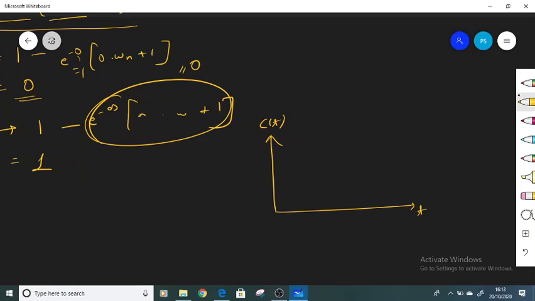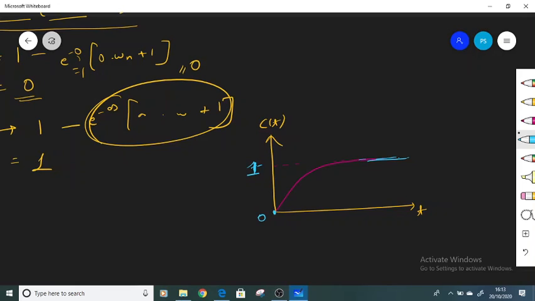If you want to see the behavior, you can take a few values of time and substitute them, and then you'll find that the output looks something like this. At t tending to infinity, the final steady state value is going to be 1, and at t equal to 0, this value is equal to 0.